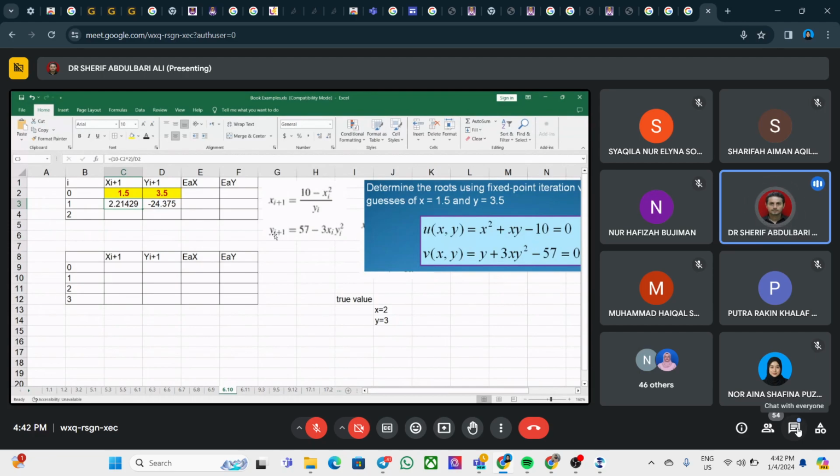So now the new value of y is going to be 57 minus 3 times 2.21429 times the value of y, which is 3.5 squared.